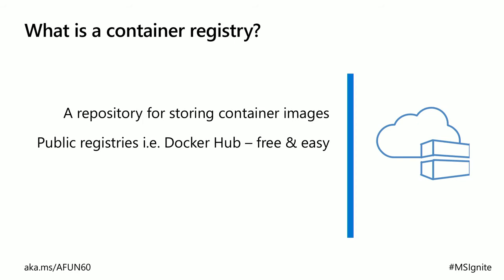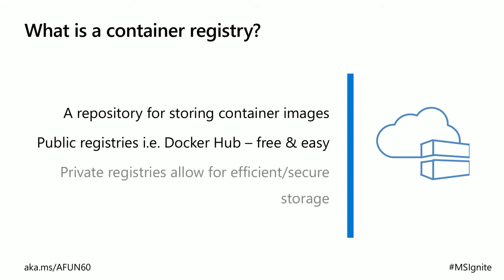The private registry allows your organization to set up role-based access control to the registry based on LDAP, Active Directory, things like that, that's already set up within your organization. And it also allows for efficient and secure storage through these mechanisms, right?